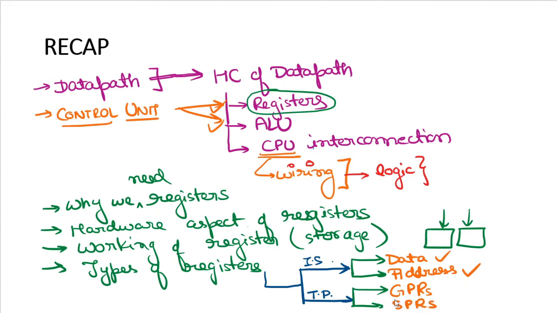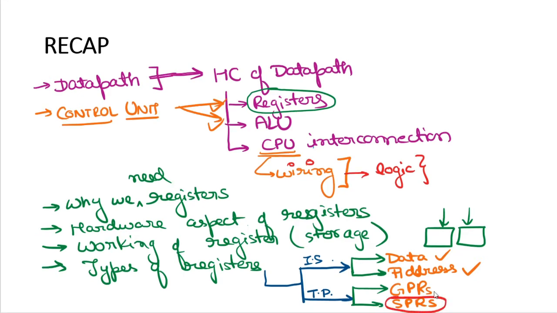Then we were looking into what are the general SPRs that are present in any CPU, in any processor, right? So we were looking into the different types of special purpose registers and the tasks that they perform. So we saw that there are 9 SPRs that any processor contains.